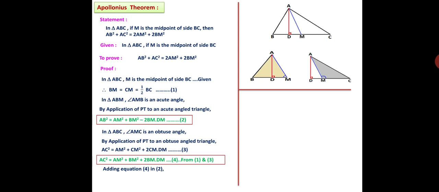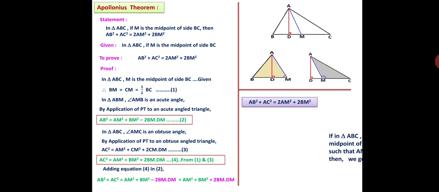So from equation 4 and 2, adding these two equations, AB square plus AC square is equal to AM square plus BM square minus 2BM into DM plus AM square plus BM square plus 2BM into DM. Here you could see that AM square is twice, BM square is also coming twice, therefore we will add, and this twice of BM into DM will get cancelled, and what you get is AB square plus AC square is equal to 2AM square plus 2BM square.